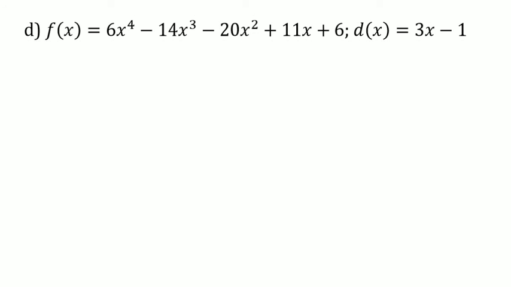The next one? So I'm going to let you try this one. There we go. It's 3x minus 1. So that's the setup. Bring the 6 down. Divide by 3.